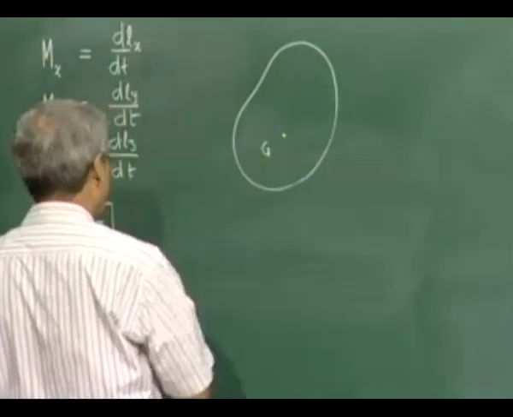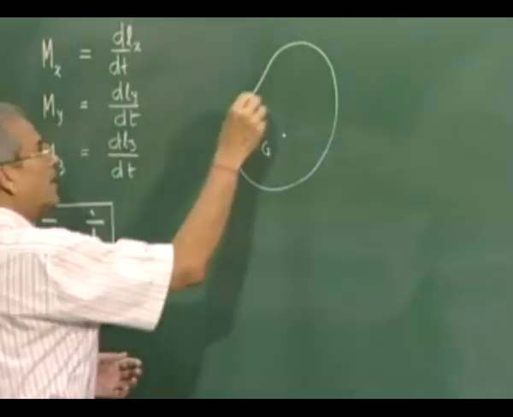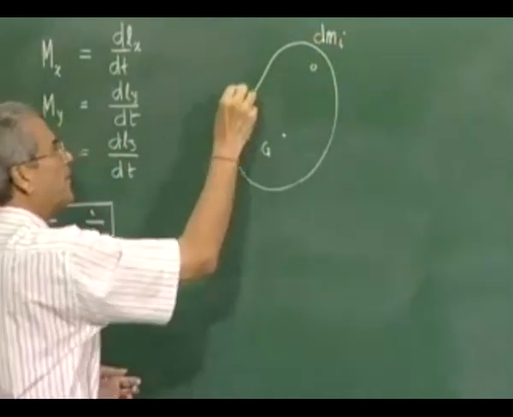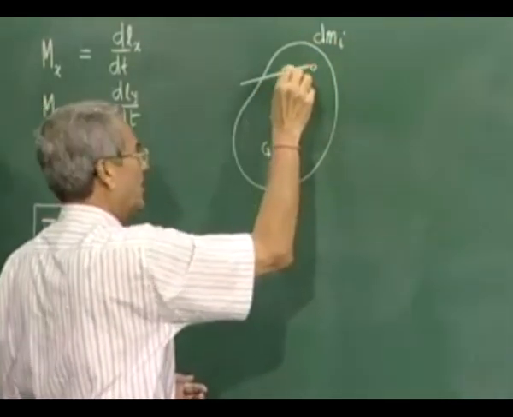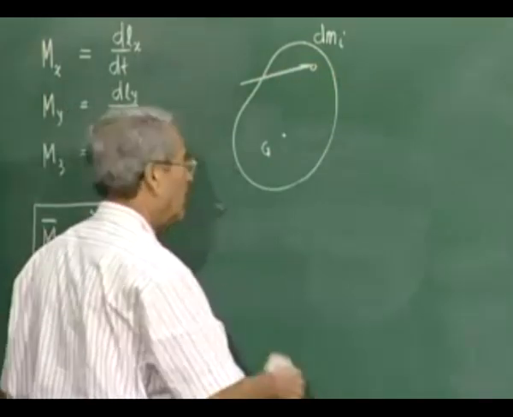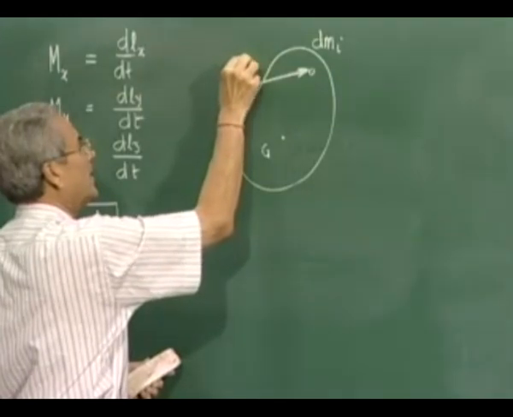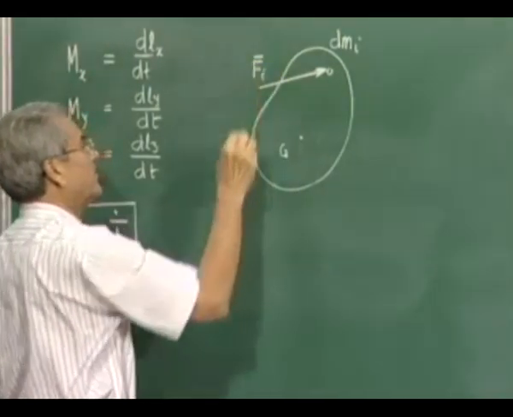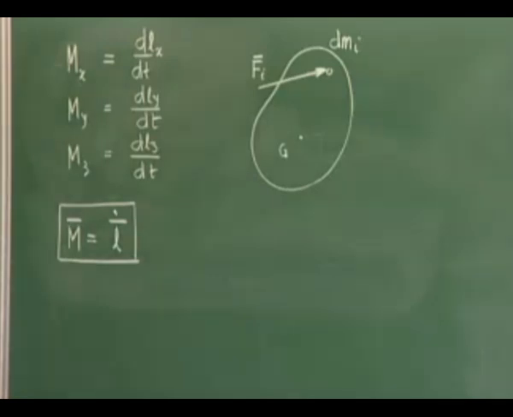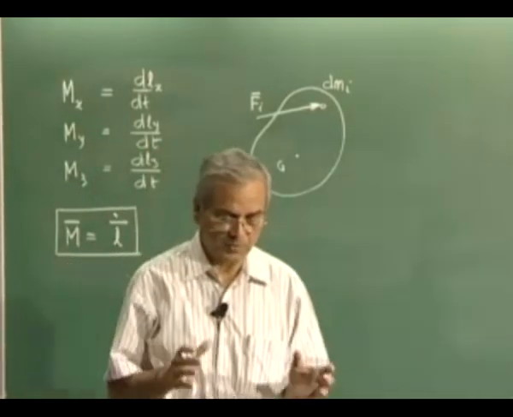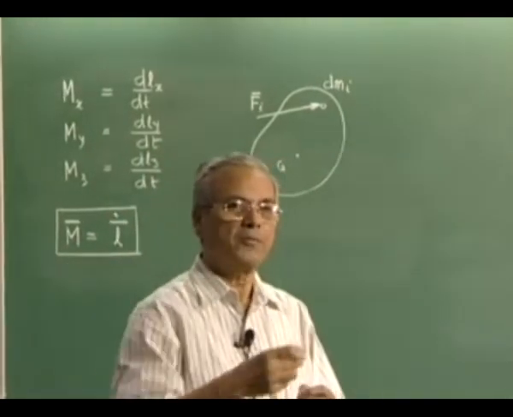So this is the center of mass. Say the ith particle with a mass dm, the external force which is acting on this ith particle is Fi, and this particle is subjected to, apart from this external force, interactive force with other particles.